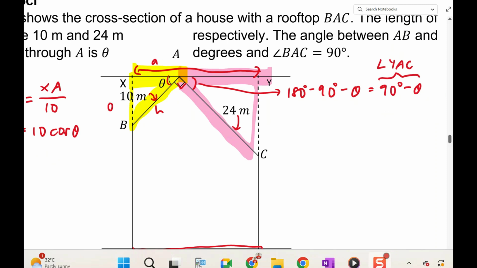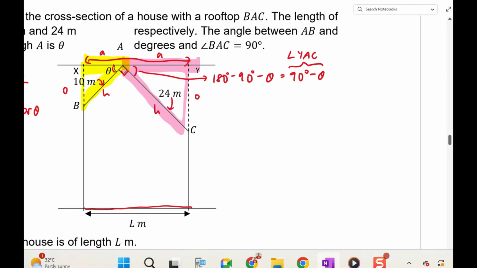And we also know that 24 is the hypotenuse, and then AY will be the adjacent, and YC will be the opposite. However, remember that cosine of the angle 90 minus theta equals adjacent over hypotenuse. So AY over 24.